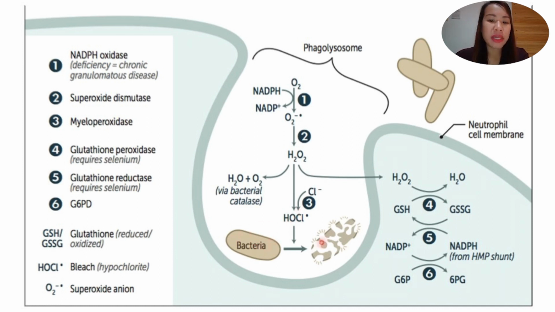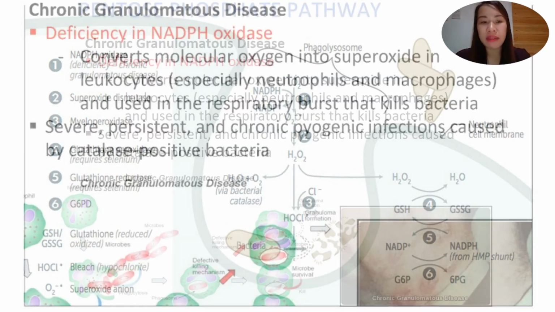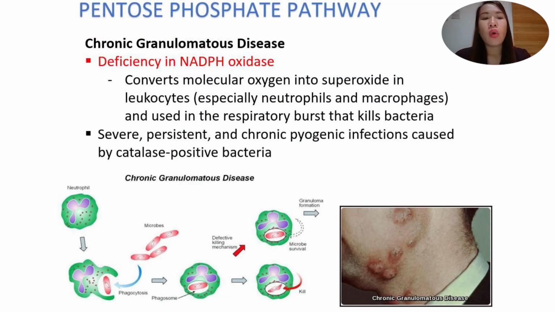Will the bacteria be killed? No. What will happen? Andyan lang yung bacteria. Engulf lang ng engulf, pero yung bacteria nandyan lang, hindi namamatay. So, what will be the manifestation? This now will lead into what we call your chronic granulomatous disease, and it will appear this way.